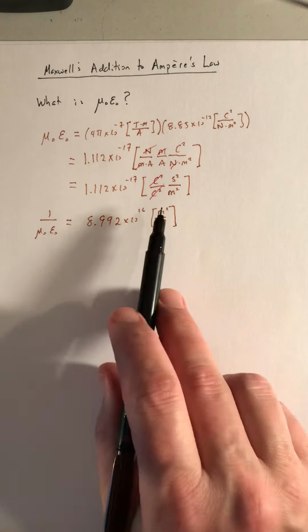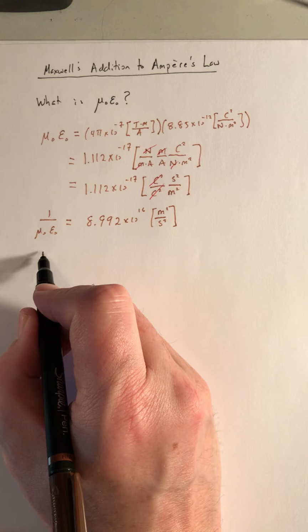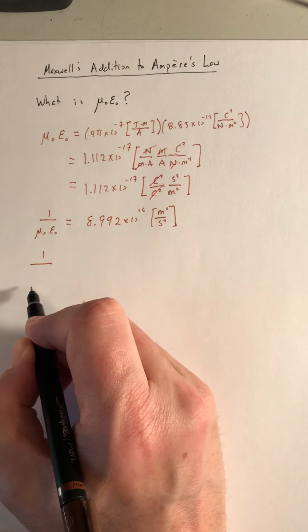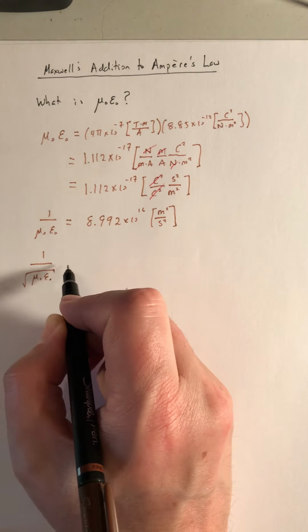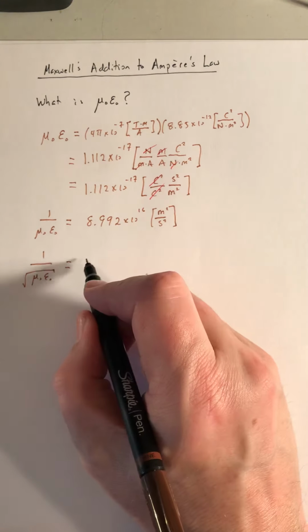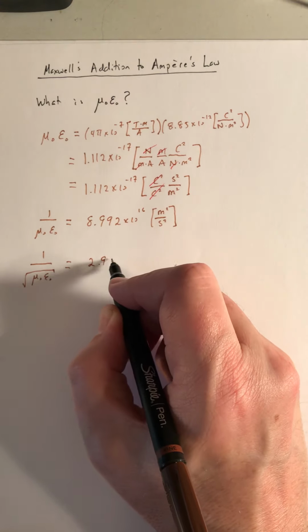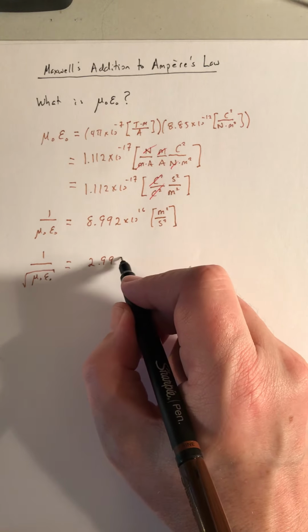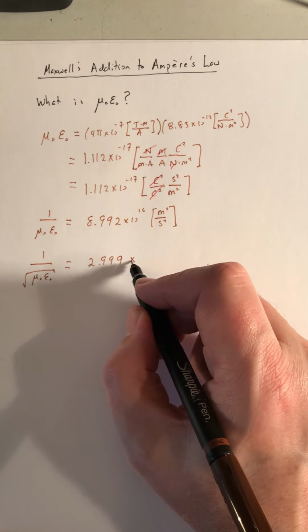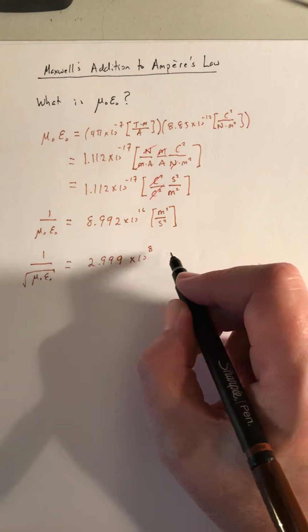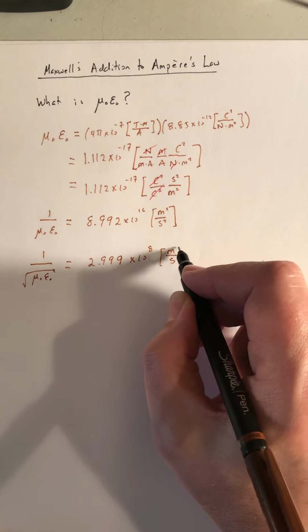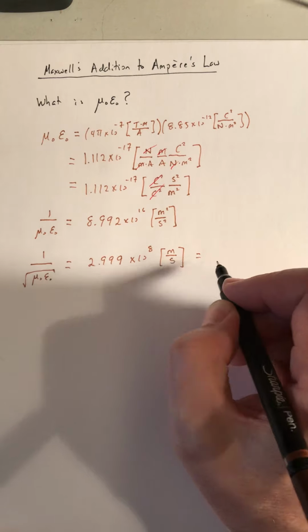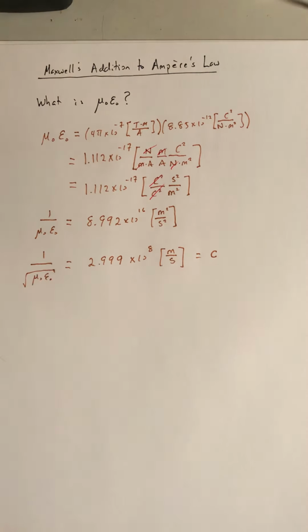Take a square root of both sides. So the square root of 1 over mu naught epsilon naught is going to be 2.999 times 10 to the 8th meters per second, which is the speed of light in a vacuum.